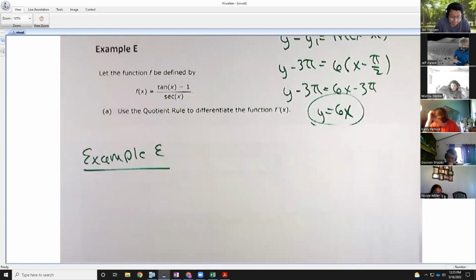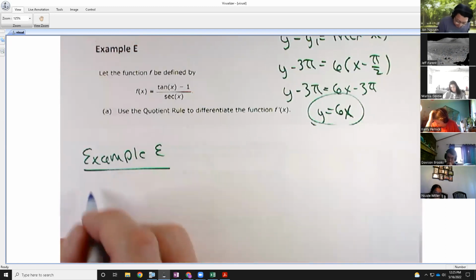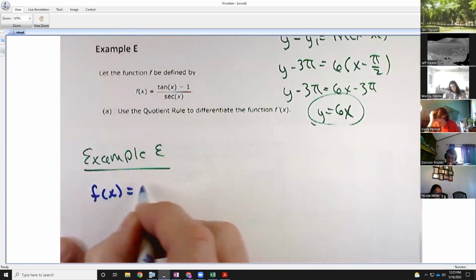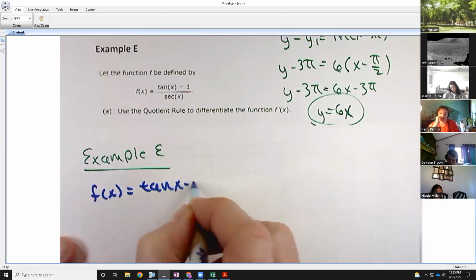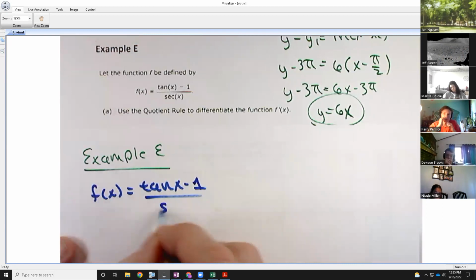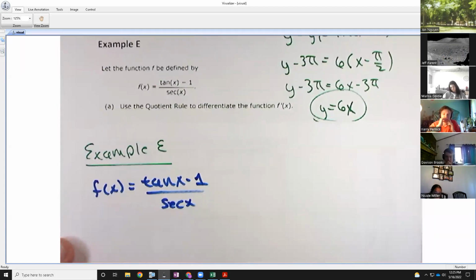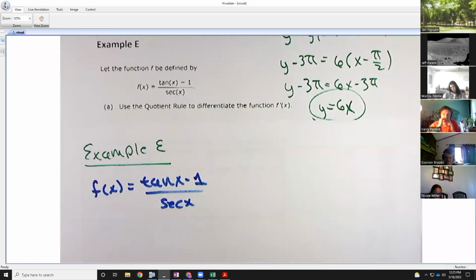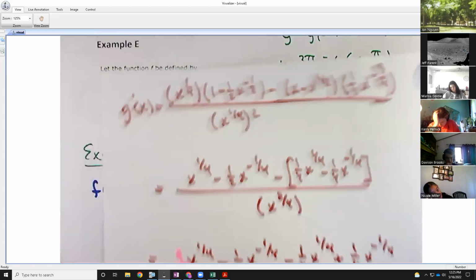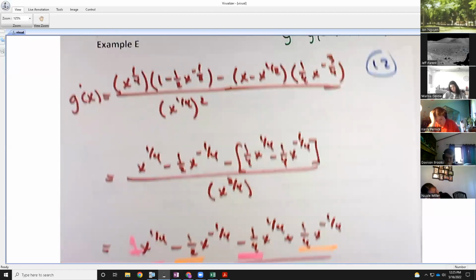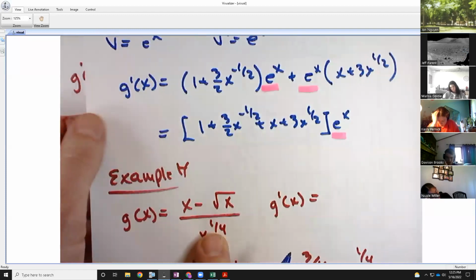Now, I've already done something like this earlier today. f of x is tangent of x minus 1 over secant of x. As a quick reminder, what I did earlier was I differentiated it two ways: one by using the quotient rule and one by being a little bit more clever. So here was the quotient rule for finding the derivative of this function.